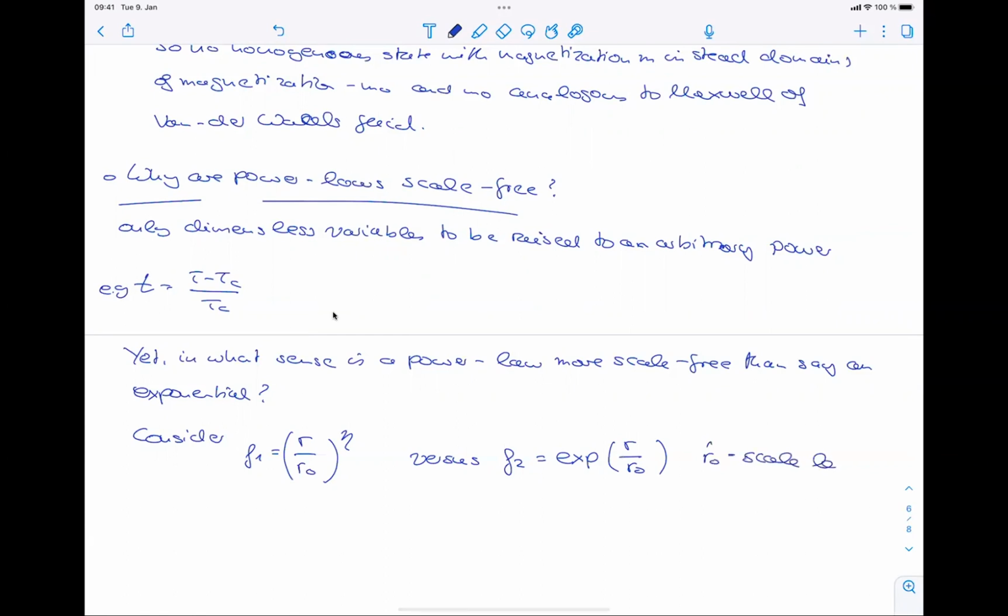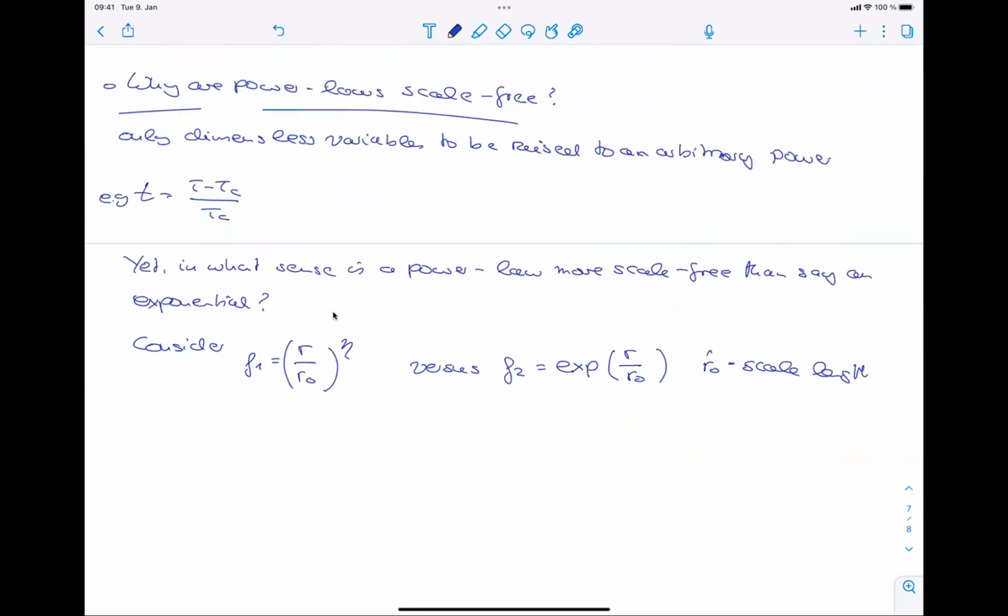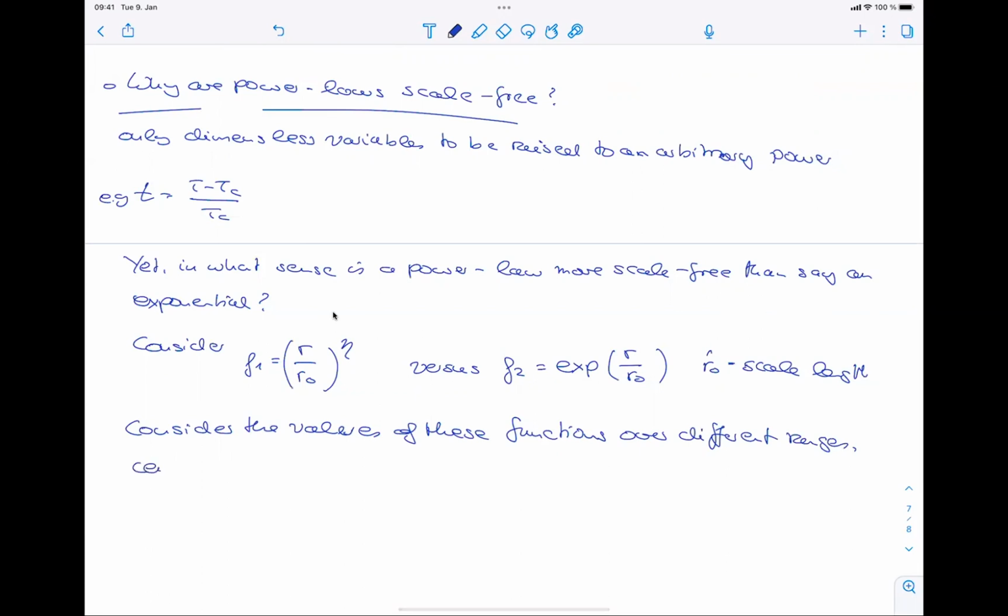To visualize this, we will consider the values of these functions in 3 different ranges, centered at R0, 10 times R0, and 100 times R0.